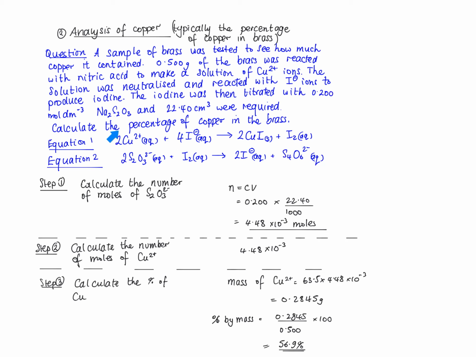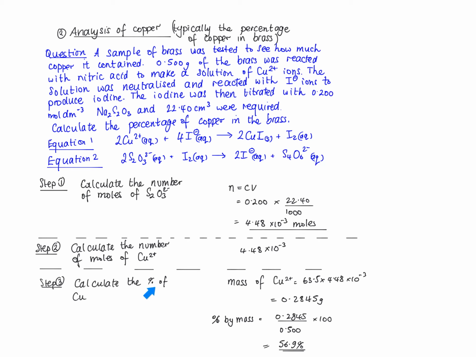So the 2 moles of Cu2+ is equivalent to 2 moles of S2O3 2-. So it's a 2 to 2 or 1 to 1 ratio. So the number of moles of Cu2+ is exactly the same in this question as the number of moles of the S2O3 2-, which is 4.48 times 10 to the minus 3.